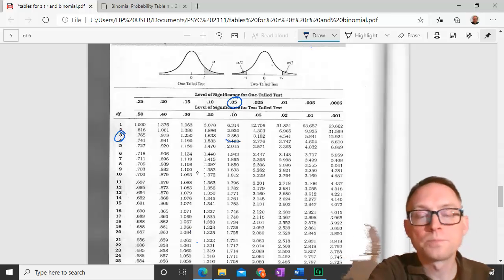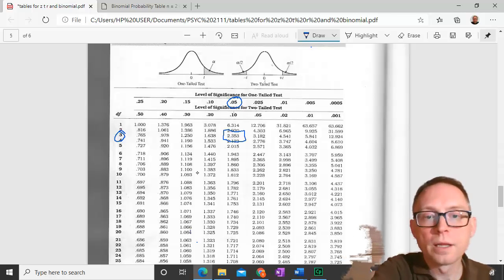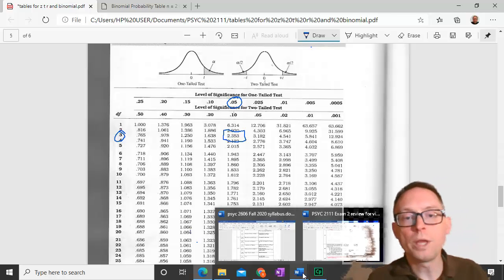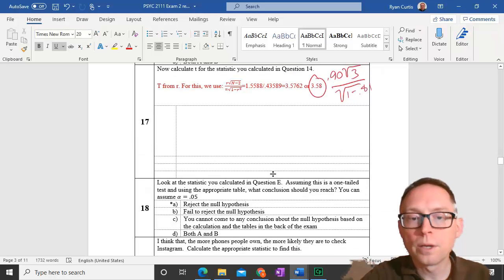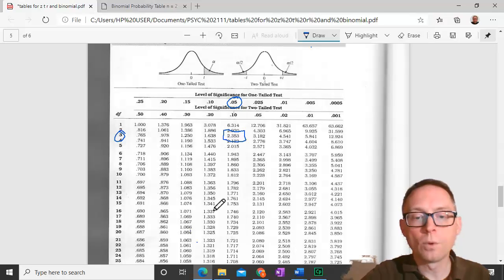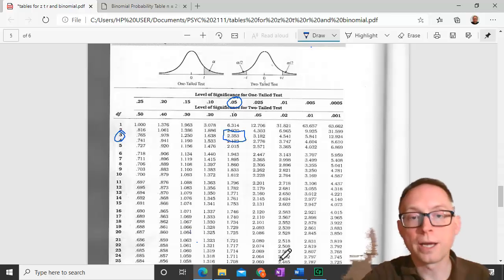That means we need to get a t-value of at least 2.353. We got 3.58, and that's a lot more than 2.35, so we get to reject the null hypothesis. Reject the null hypothesis.